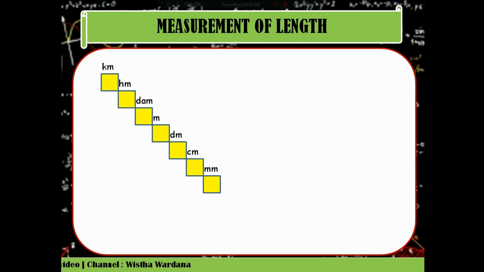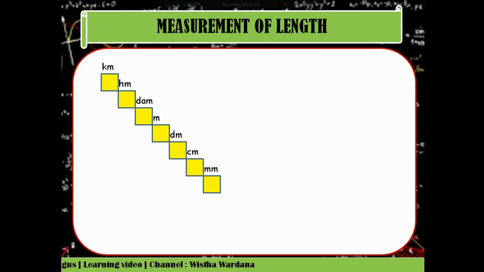But if you want to measure large lengths, like distance, we use kilometer or meter as usual. So you already know kilometer, hectometer, decameter, meter, decimeter, centimeter, millimeter in your daily life. But do you know the relation among them?